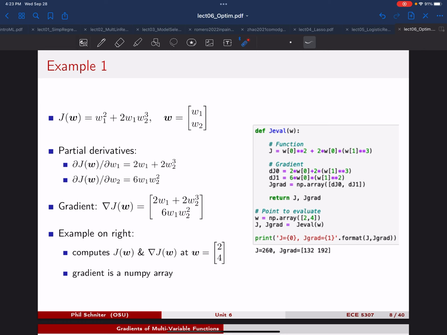But what we can do in those cases is exploit the topology of this structure, how everything is connected, and use a very systematic way of taking partial derivatives called back propagation.